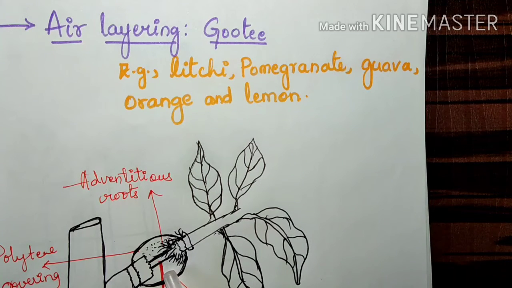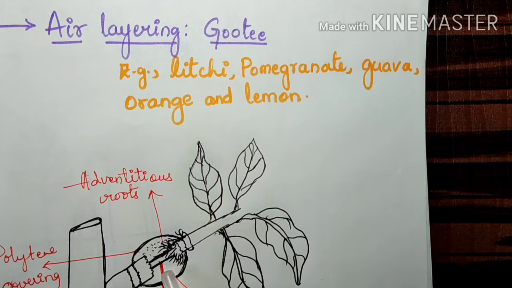This can include hay, cow dung, clay and water to make the grafting clay. And with this we need to add a small quantity of root promoting hormone. Then it is wrapped in polythene. So this is how air layering can be done.